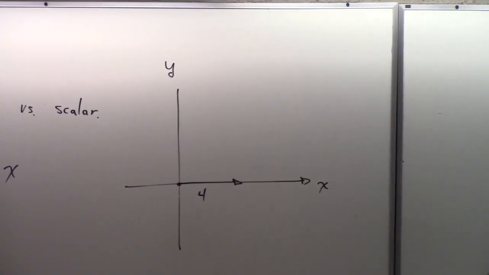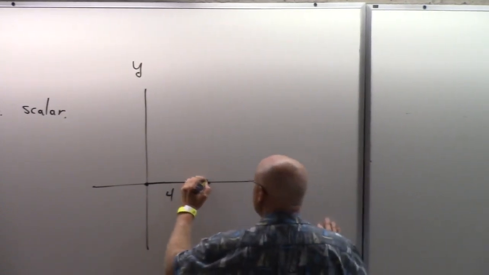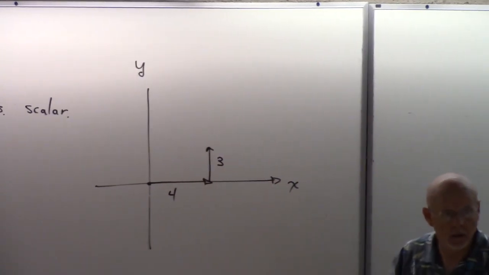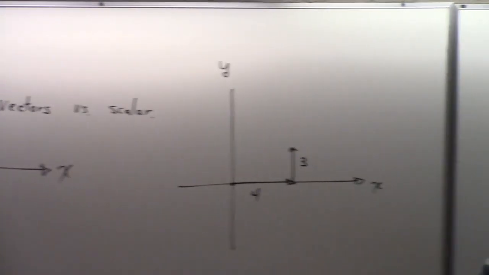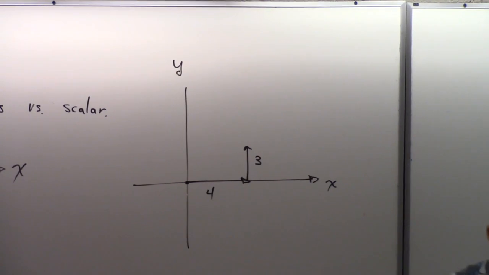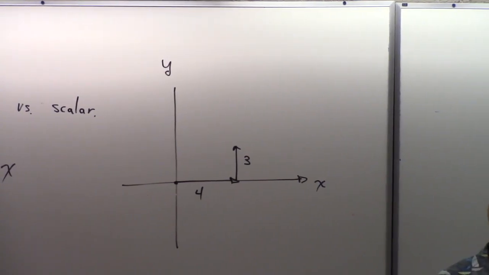Okay, so I took 4 steps, but then I took 3 steps. You might say, well, technically you did 2 little hikes. Okay, but I want to ask you, what would that be equivalent to?